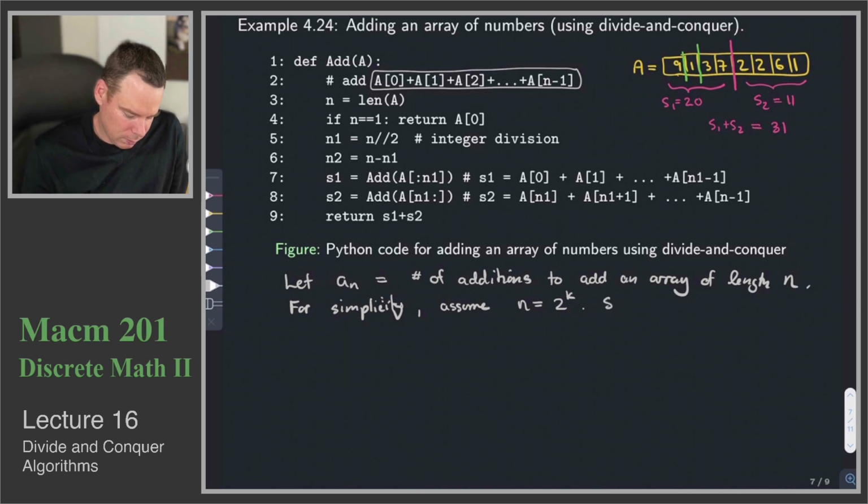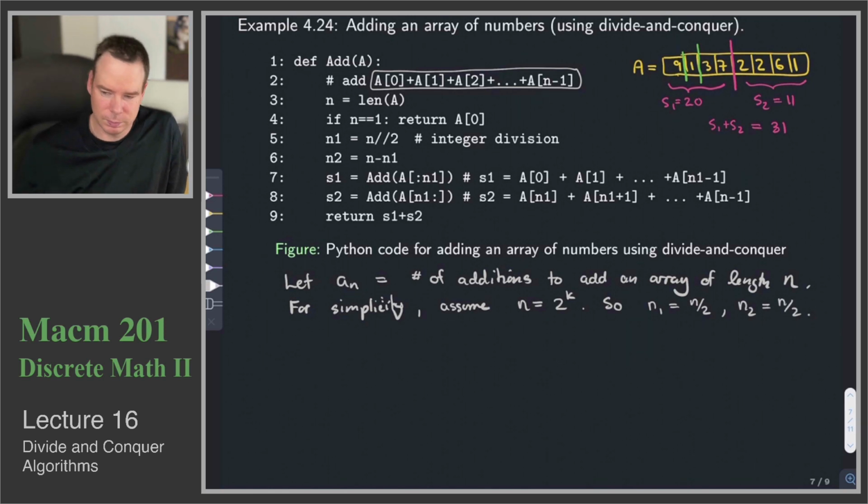So that means when we do this splitting, we're going to take our original array of length n and split it into 2 arrays. The length of the first array is going to be n1, that's n over 2. And the length of our second array, which is n2, is also going to be n over 2.